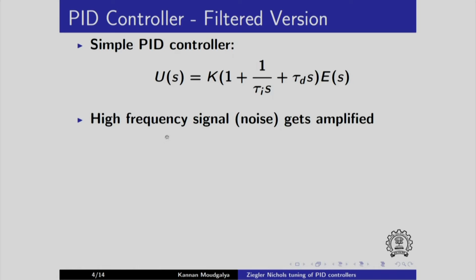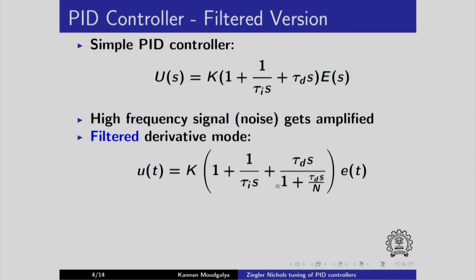Noise is generally of high frequency, so the noise gets amplified by this form of PID control law. So we introduce a filtered derivative mode, where in the denominator of tau d s we introduce this 1 plus tau d s by N.